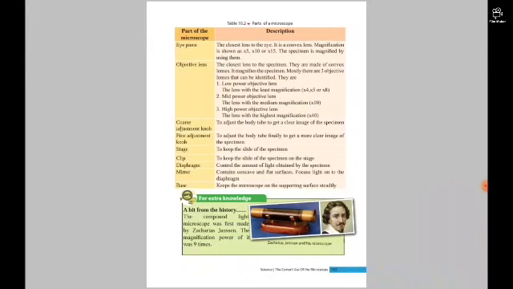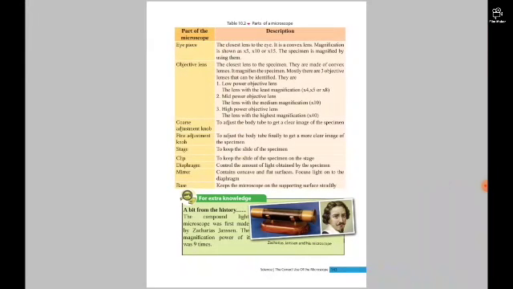Coarse adjustment knob: to adjust the body tube to get a clear image of the specimen. When we want a clear image, we have to get the right distance, so we have to adjust the body tube correctly. If we don't, the image will not be clear.